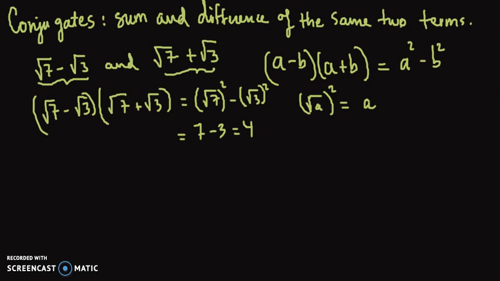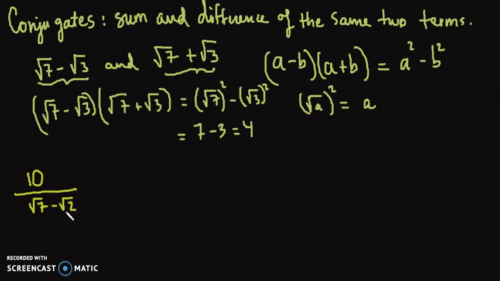Okay, so we will use this observation to eliminate the radical in the denominator. This technique is called rationalizing a denominator using conjugates. So for example, I have 10 divided by square root of 7 minus square root of 2, and I want to simplify this.